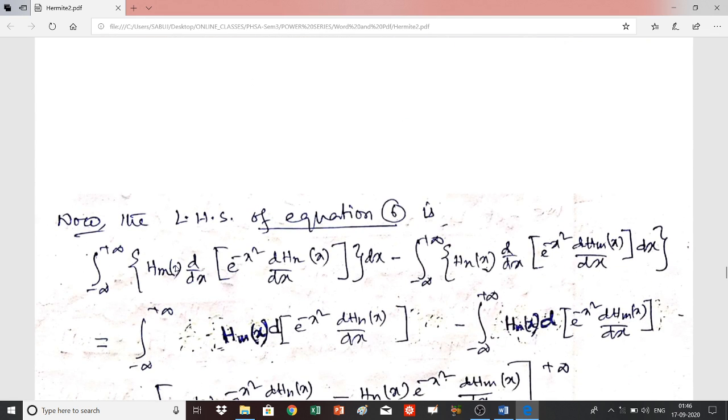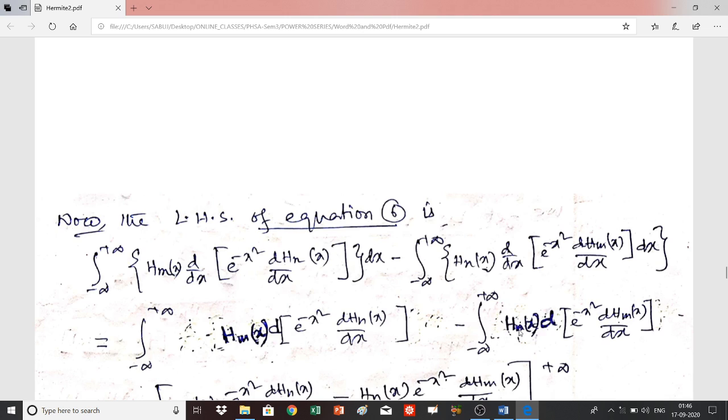So the integral from minus infinity to plus infinity of Hm(x) d/dx of e to the minus x square Hn(x) dx, minus the other term with Hn(x) d/dx of this. Just rewrite this equation: dx will cancel, and this can be written as Hm(x) d of e to the minus x square Hn(x), minus the right hand side written in a similar fashion.